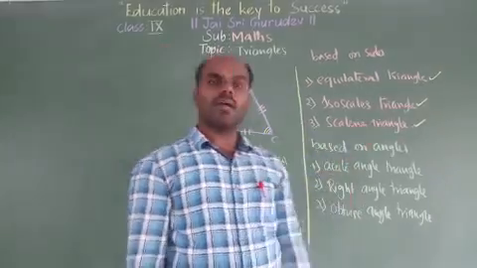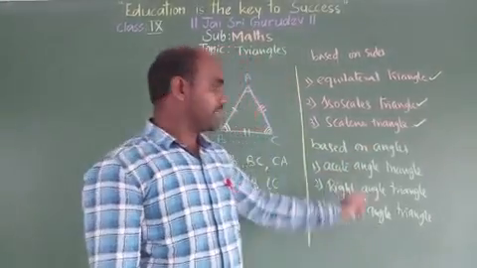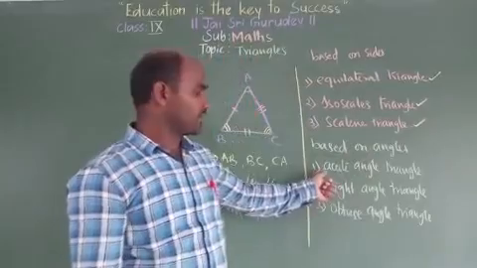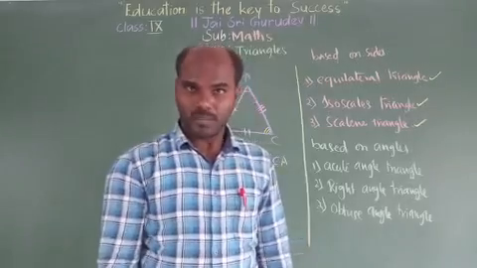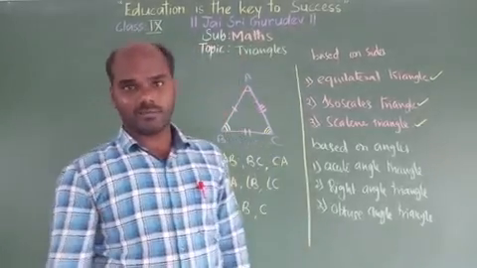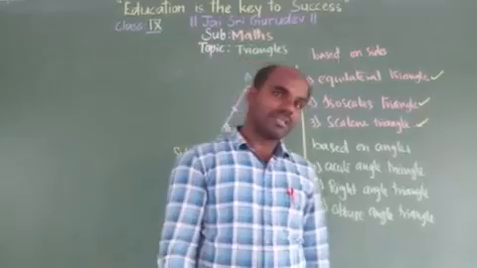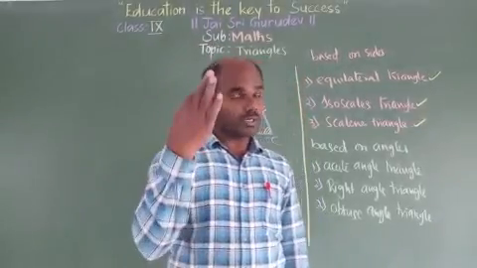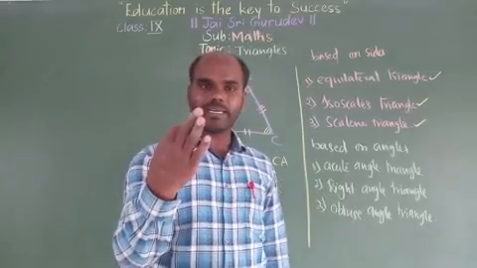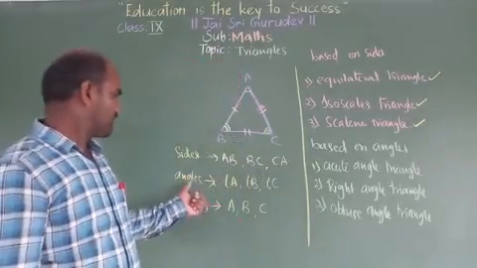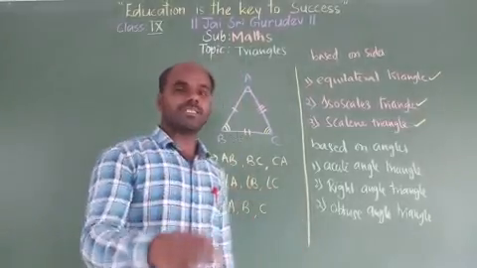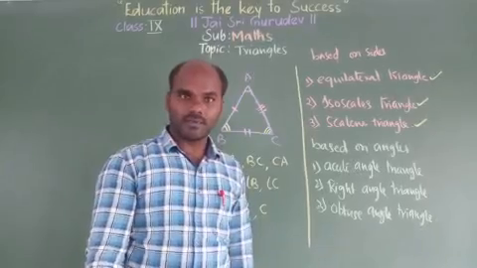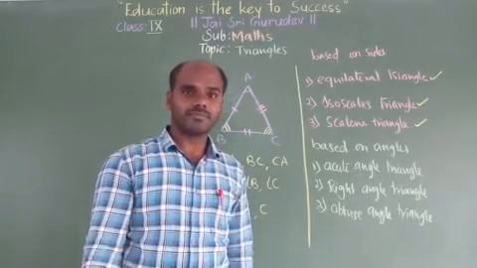And based on the angles. What is the first one, children? Acute angle triangle. In a triangle, there are three angles, and all three angles must be acute. What do you mean by an acute angle, children?